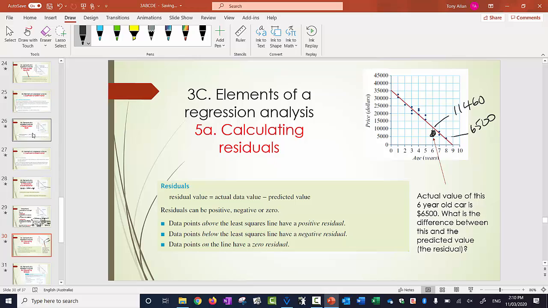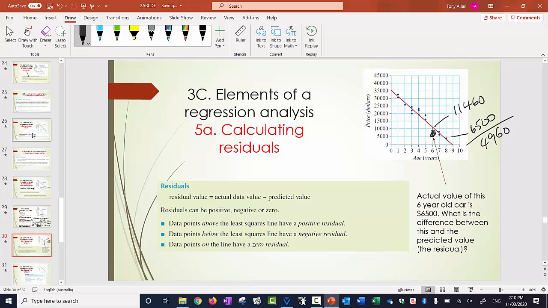That sale was well below prediction, so that would be a negative residual. That prediction was 11,460 for a 6-year-old car, but whoever owned this car actually only sold it for 6,500, so that prediction was well above. The difference between those numbers is the residual, which in this case is $4,960. That is the residual for that calculation.